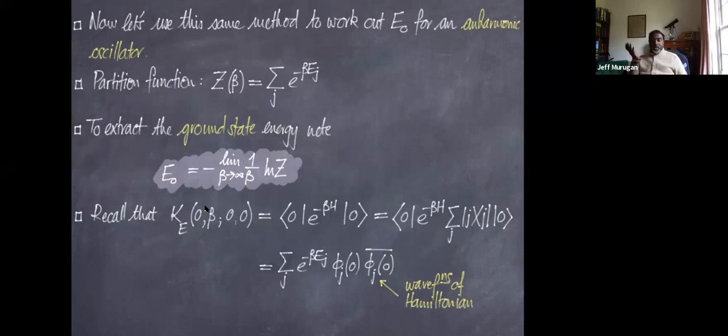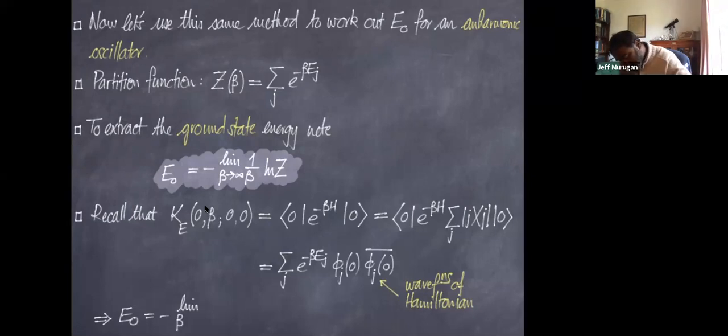Well, here again, in this sum, the ground state dominates in the large beta limit, which means that we can extract the ground state energy again as minus the limit as beta goes to infinity of 1 over beta times the log now of the Euclidean path integral K_E between 0 and beta and 0, 0.